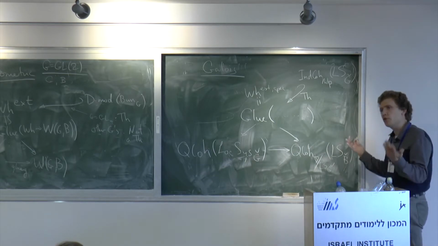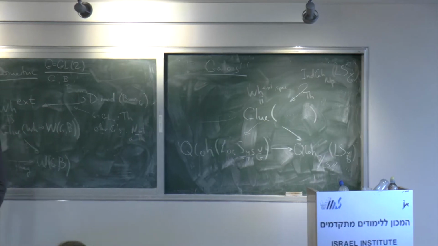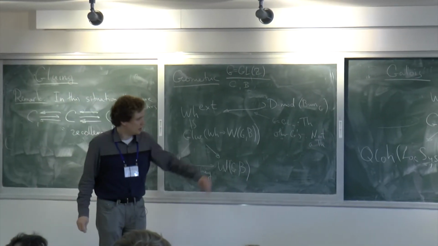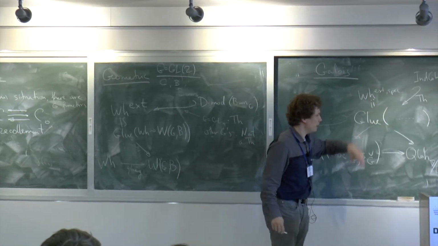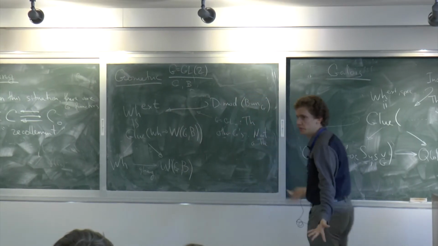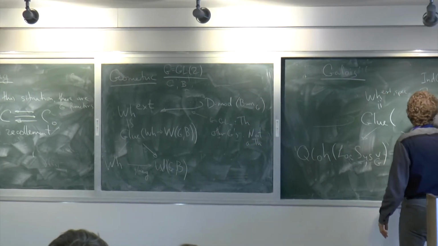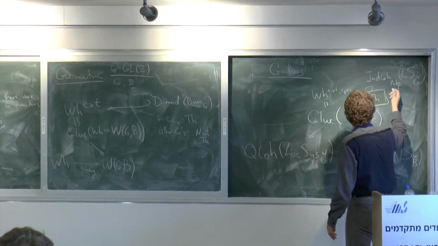So you don't really need both pieces of the data to reconstruct the quasi-coherent sheaf. So it's not really an equivalence in any meaningful sense. But neither is this map for that matter. So this is the theorem, maybe the main theorem.